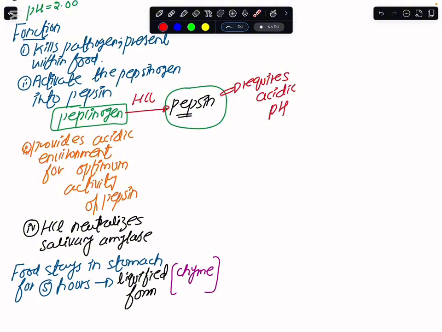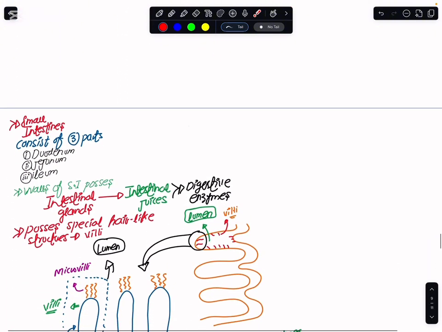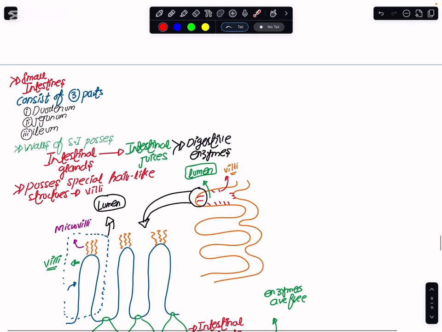And as I have said earlier, the food stays in the stomach for 5 hours, and here it converts into the liquefied form, which is called chyme. So when the food has stayed in the stomach for a total of 5 hours, it has to move into the small intestine.